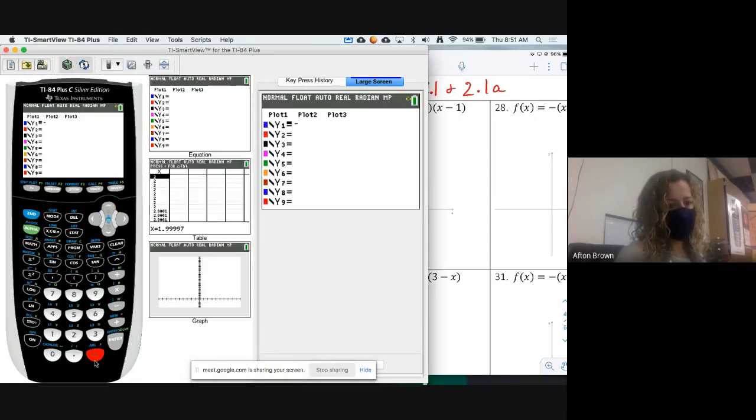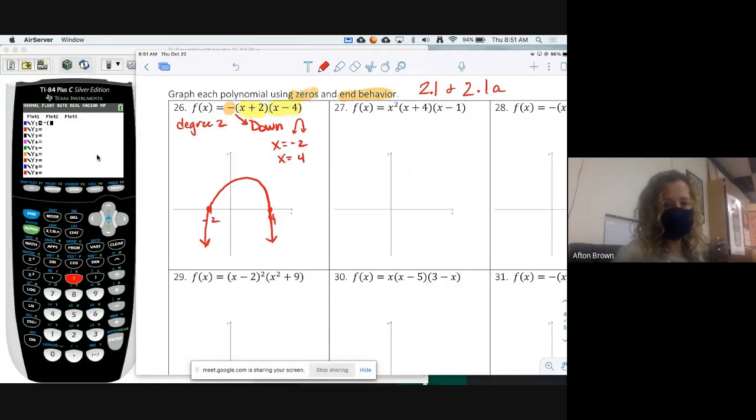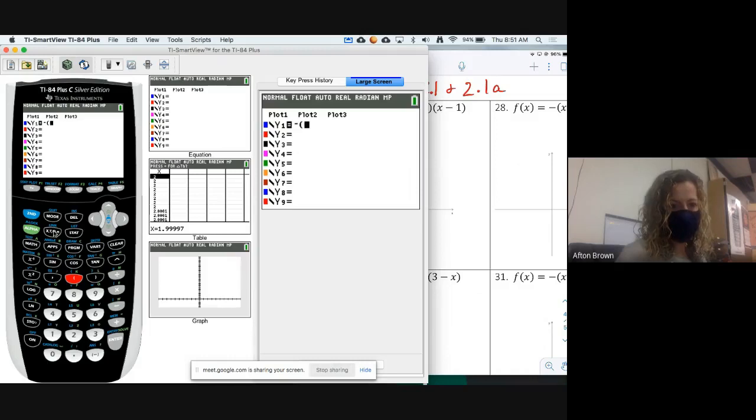So you type negative, and then type it in exactly the same: x plus 2, x minus 4. And then I would recommend, in case somebody else has been using your calculator, putting it at a standard window. Do you guys remember how to get to a standard window?